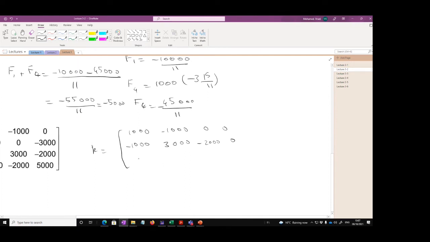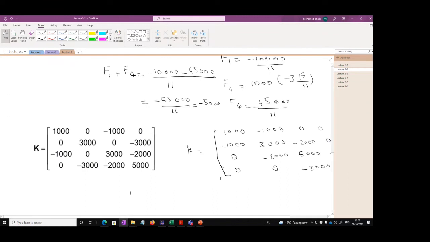Next we have 0 here. And then we have minus 2,000. And then we have plus 5,000, minus 3,000. And then for the last row, we have 0, 0, minus 3,000. And then we have 3,000 here. So this is the matrix we have.